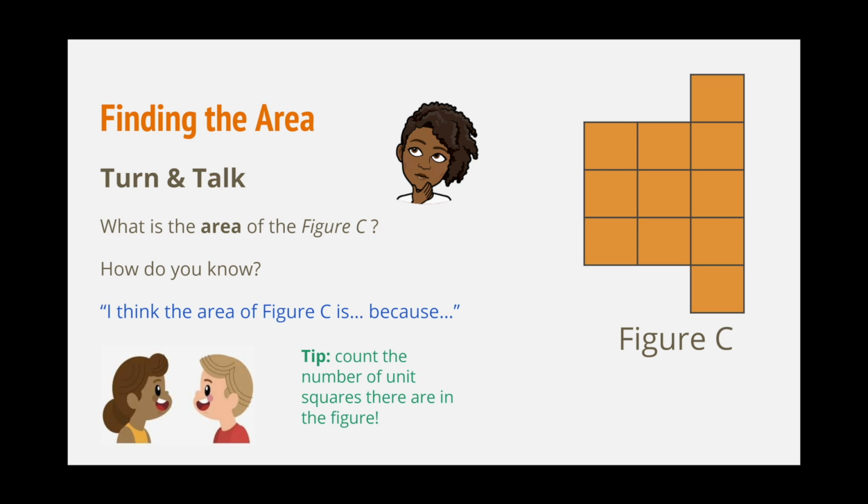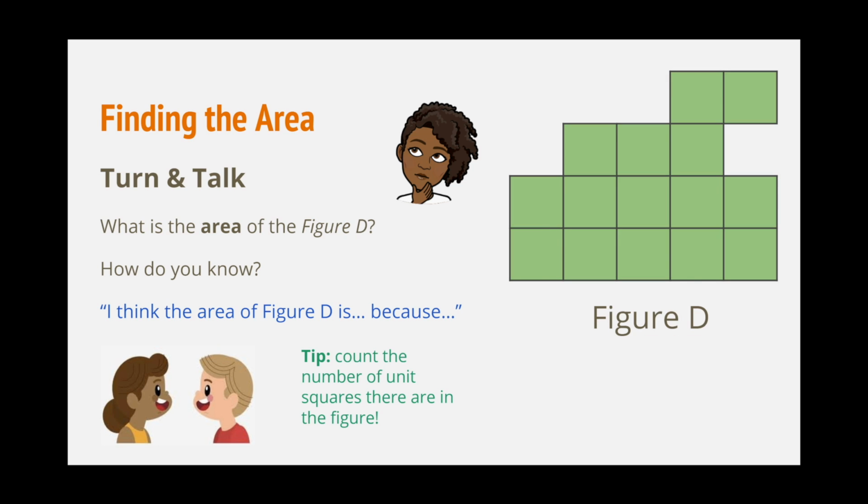I think the area of figure C is ___ because... Tip: count the number of unit squares there are in the figure. So I think the area is 11 square units because there are 11 orange squares. 1, 2, 3, 4, 5, 6, 7, 8, 9, 10, 11.